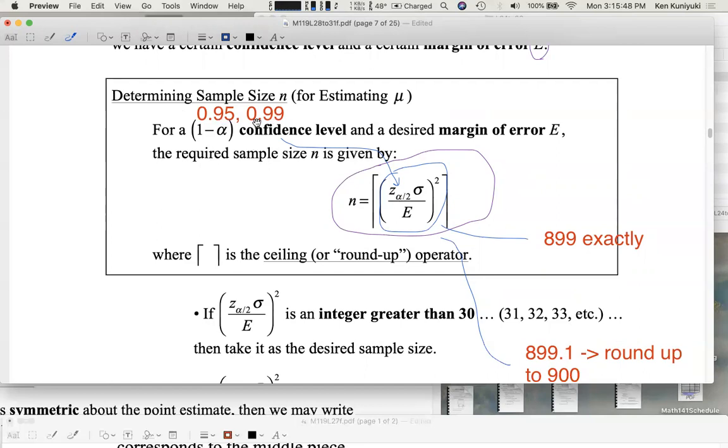So if you need a higher confidence level, you would expect to need a larger sample. Also, if the population exhibits more spread, then we're going to need a greater sample size to accommodate that. So if the population is more spread out, we're going to need more people or more ice cream cartons in order to adjust for that.